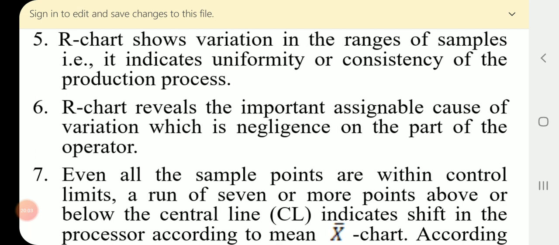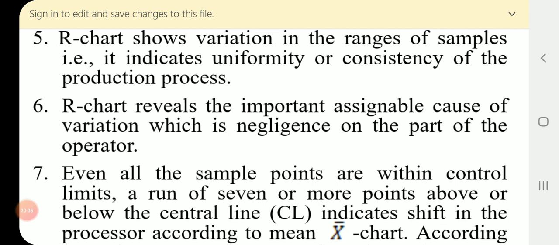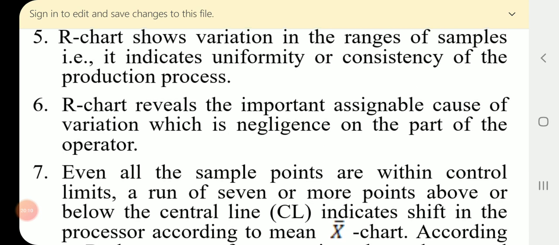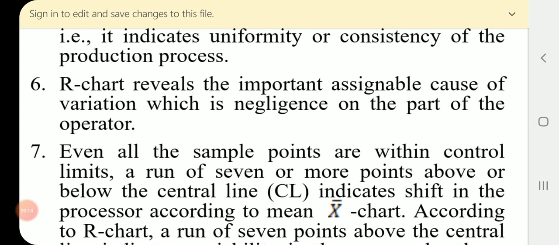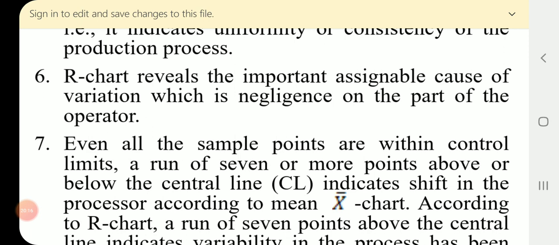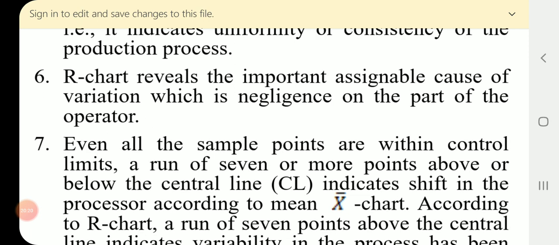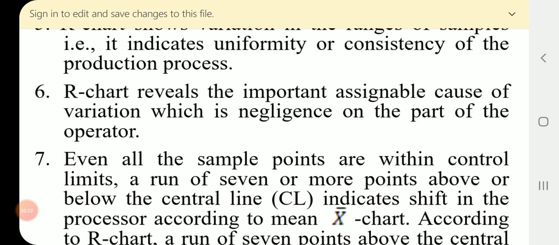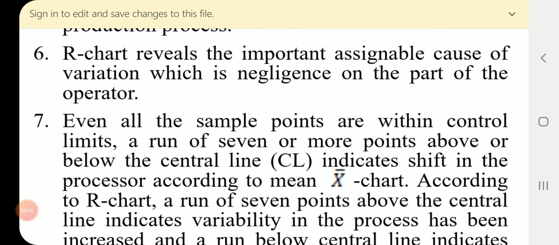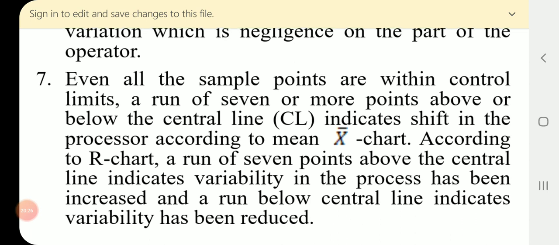They are neglecting some of the rules which are framed to operate that machine or follow that particular procedure. They are not doing it properly. That is called negligence on the part of the operator. These are the usual general interpretations.